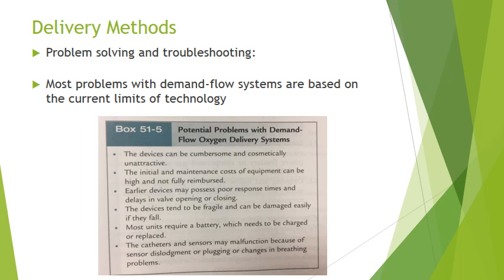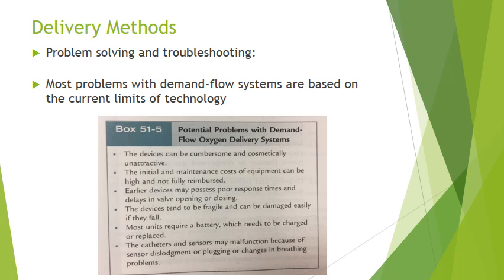When we're looking at the demand flow systems, box 55-5 talks about the potential problems with demand flow oxygen systems. There's a few things listed here, and I'm just going to highlight. The devices can be cumbersome and cosmetically unattractive. Initial maintenance costs of the equipment can be high and not fully reimbursed.